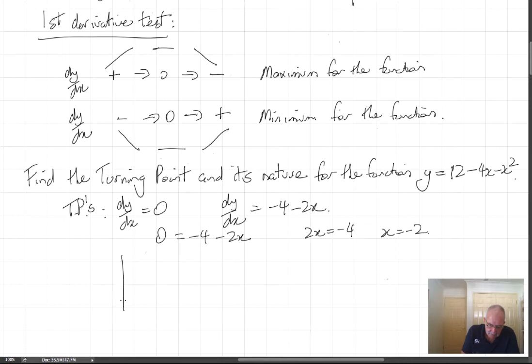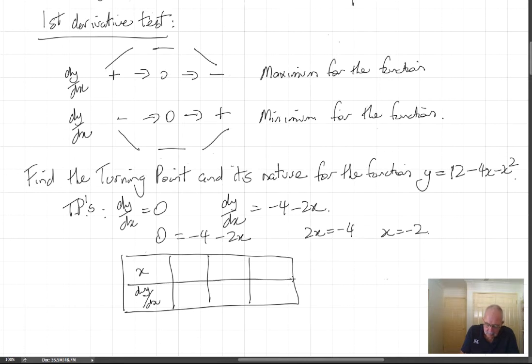So I suggest you draw up a table. And we have x equals and dy/dx. We know at x equals negative 2 that dy/dx is equal to 0.